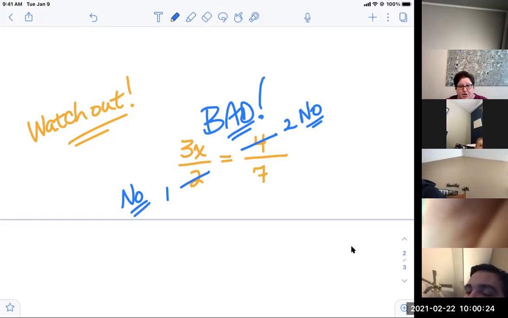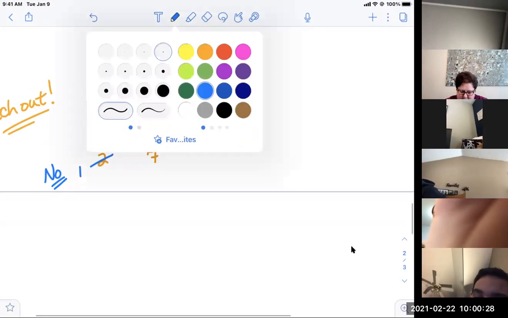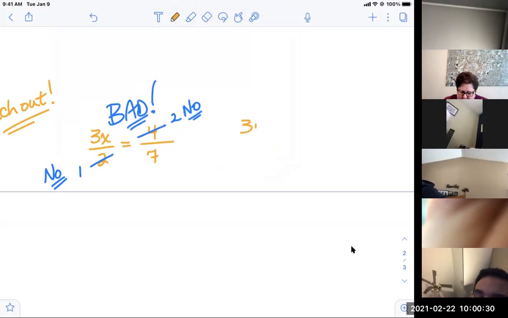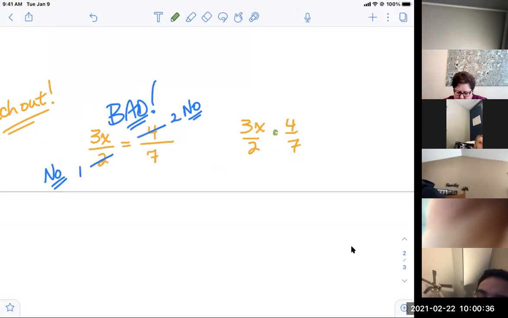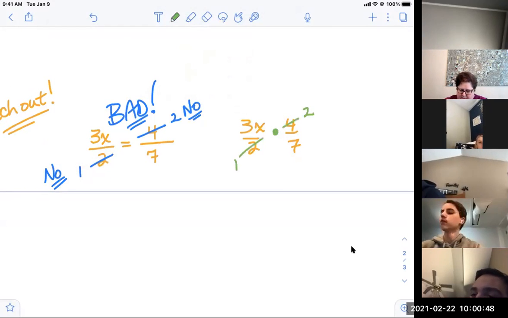Because this is a proportion, right? What you are allowed to do, if you had 3x over 2 times 4/7, that's allowed. If you're multiplying here, then you're taking out a factor of 2. If it's like that, then you can say, all right, I'm going to divide out a 2 on the top and on the bottom. And then you're multiplying straight across.